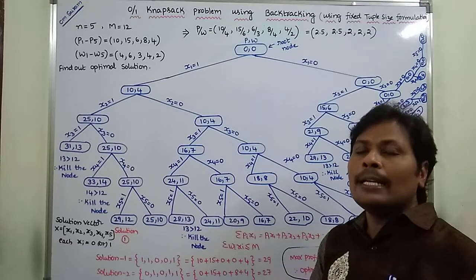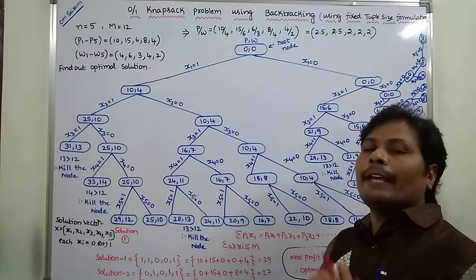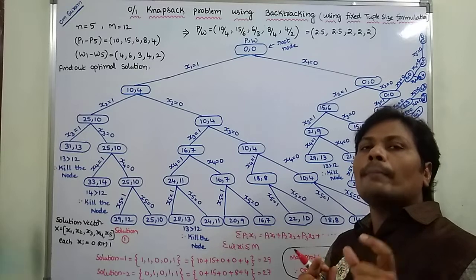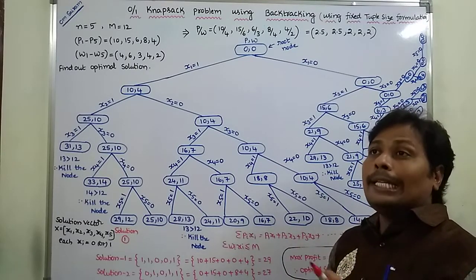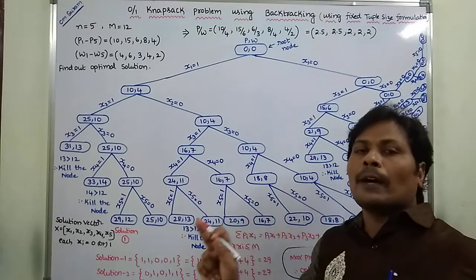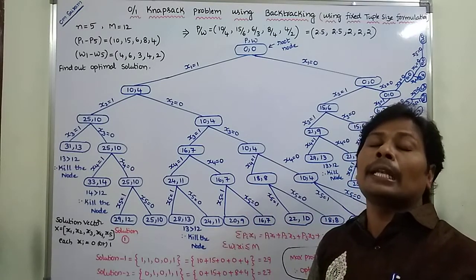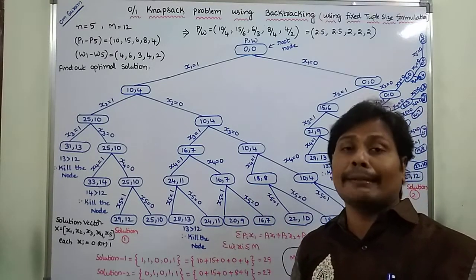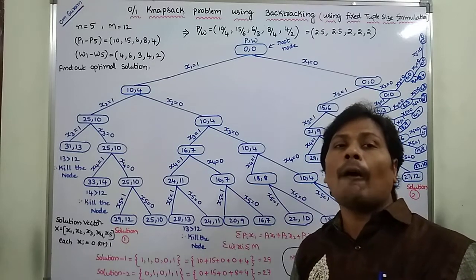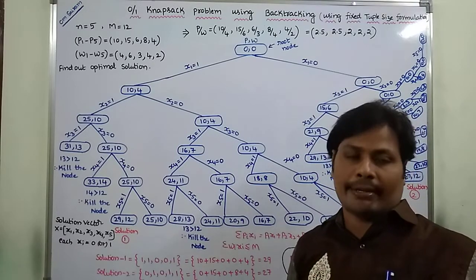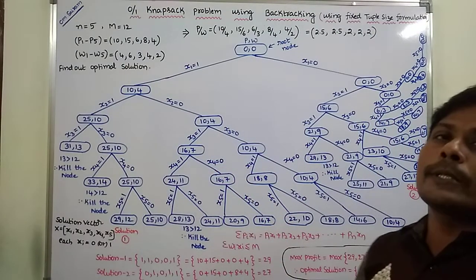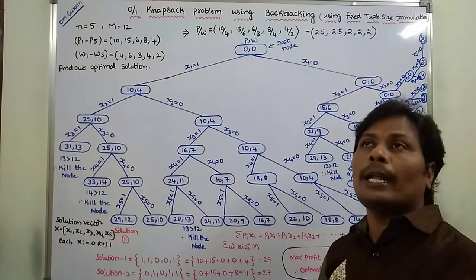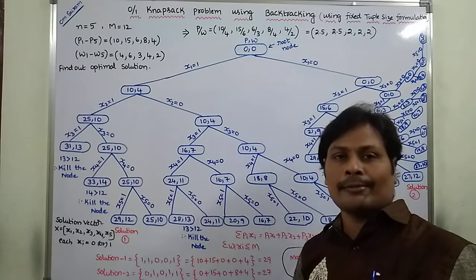Once again, suppose we are taking a given problem that has, for example, n number of solutions. The n solutions for the given problem can be represented using a tree. That tree is called the state space tree. So this is the state space tree using the fixed tuple size formulation and the dynamic state space tree method.